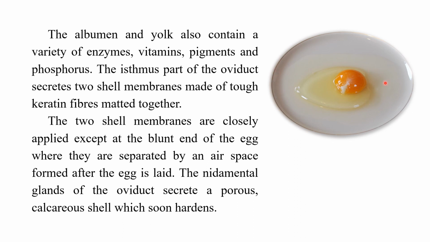And these two membranes which surround this yolky mass as well as the albumin are closely applied together so that a firm structure is established. And when the egg is passing through the oviduct again, the nidamental glands of the oviduct will secrete a calcareous shell which is porous in nature and will soon harden after the egg is laid.